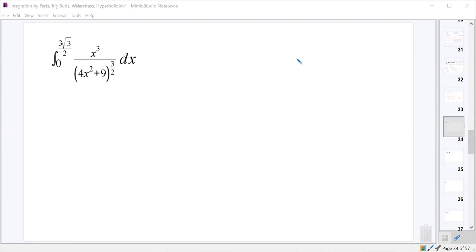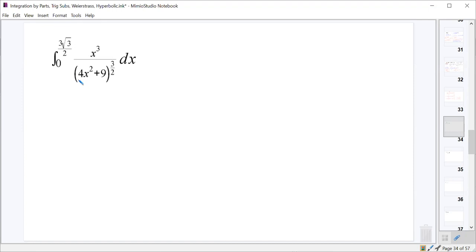They don't. To start with, instead of it being x squared plus 9, it's 4x squared plus 9. Normally we do this substitution where, if this was just x squared, we'd say x is 3 tangent theta, because if it's a 3 halves power, we could still use that method.